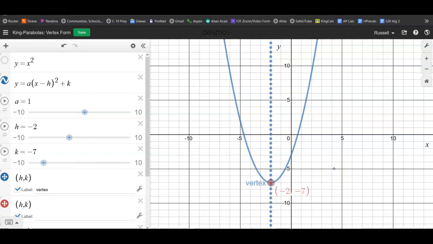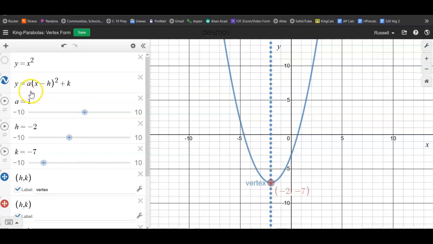But in our function, a is supposed to be 1/2. Let's find out what this does. But think about it for a moment. What would it mean if we were to multiply the squared part of this function, the x minus h squared part, which in this problem is x plus 2 squared, by 1/2? Well, it chops it in half.